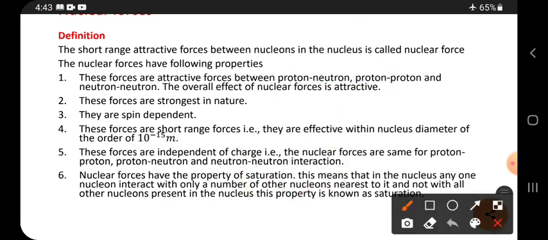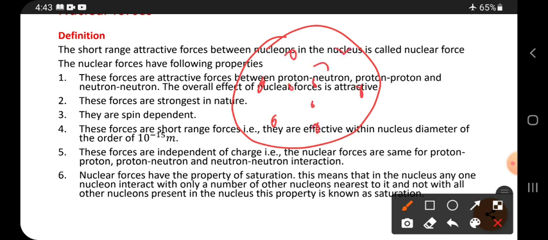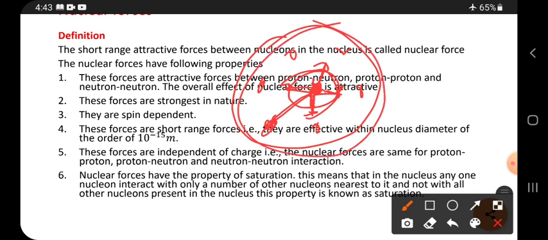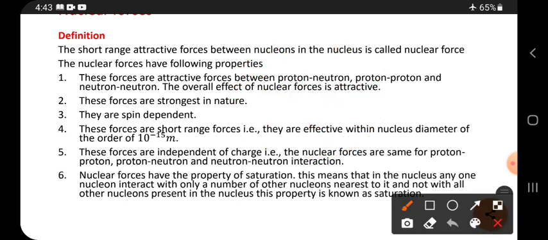Once again, saturation means that if a nucleus has many nucleons inside, one nucleon can interact with this one, this one, and this one, but it cannot interact with that one, because it is very far away from these neighboring nucleons. This property is called saturation. Once again, let me read: nuclear forces have the property of saturation.